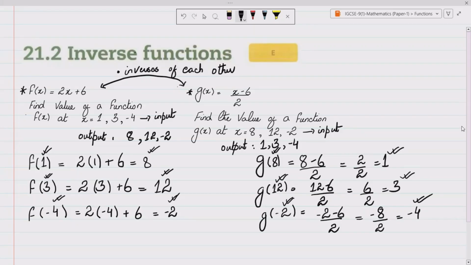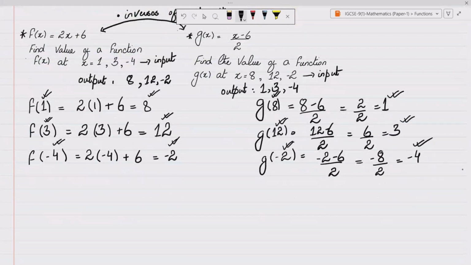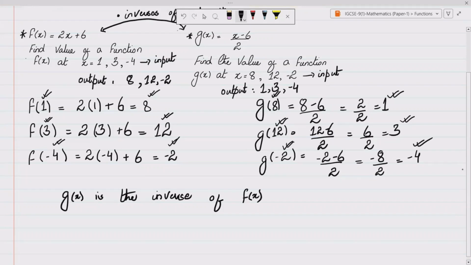So we say g of x is the inverse of f of x, and f of x is the inverse of g of x.